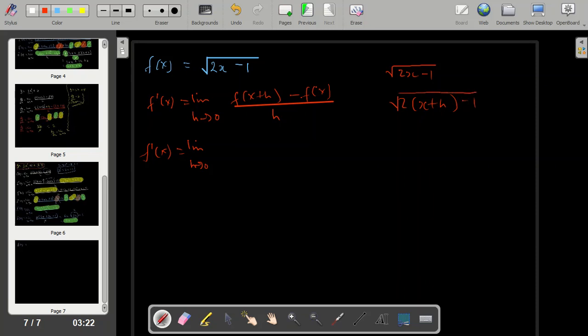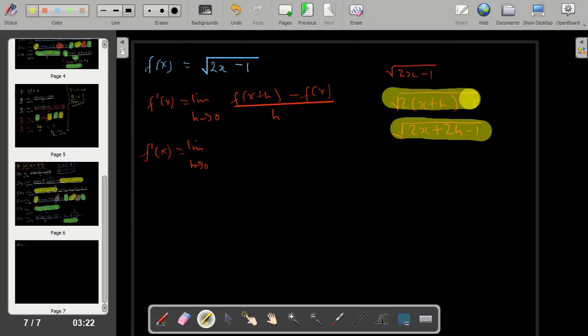But we can simplify it and work with something like this: 2x plus 2h minus 1. It's one and the same thing. So we are going to work with this and note that.